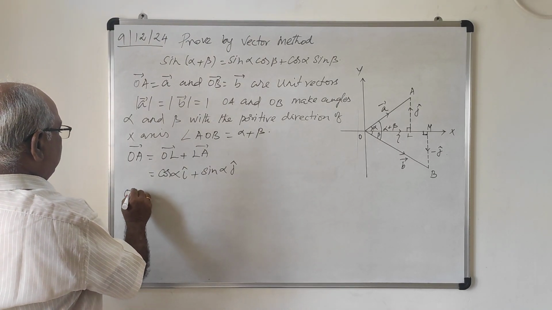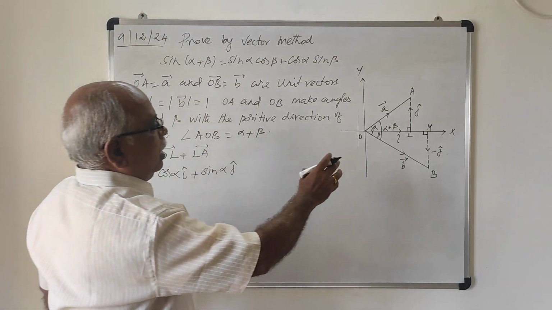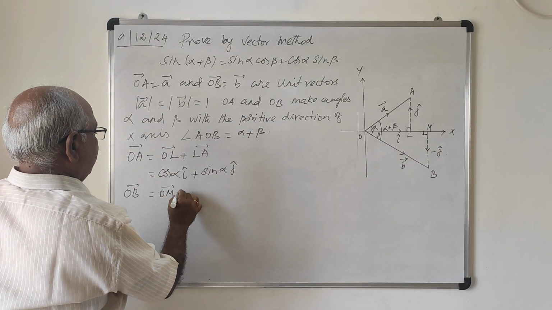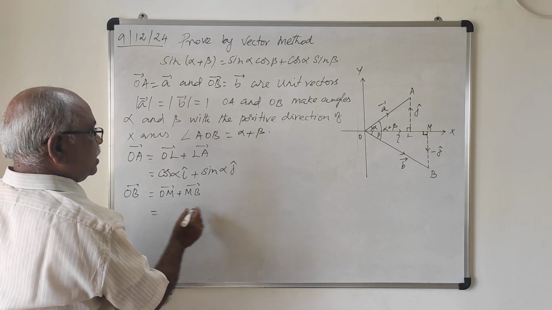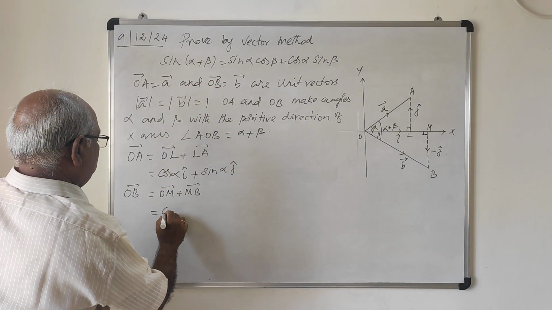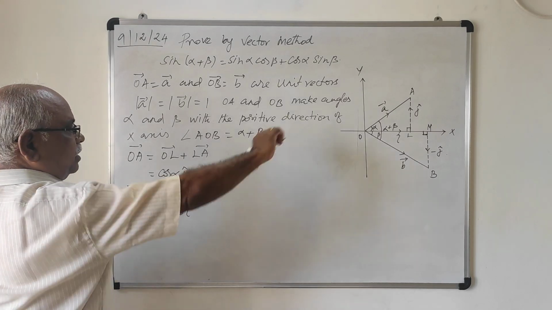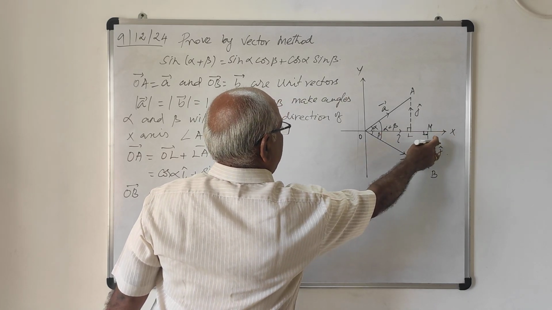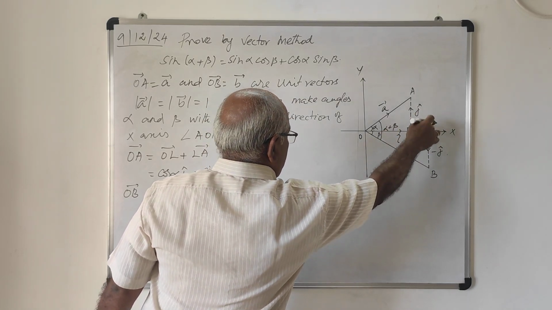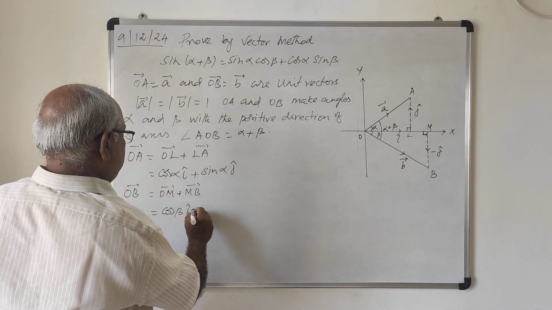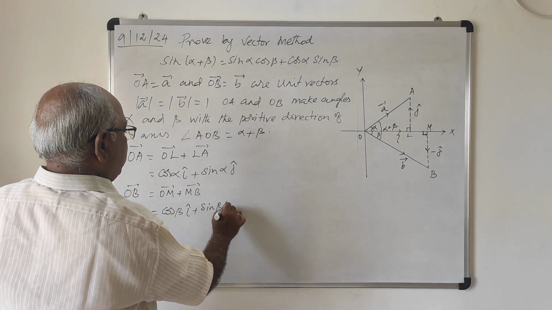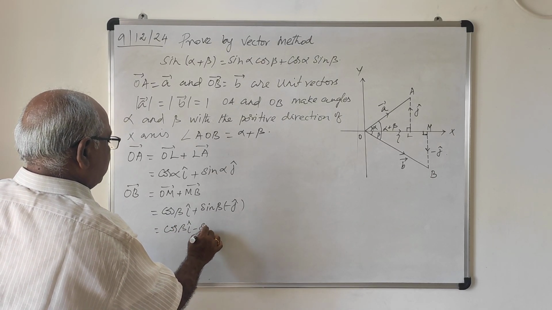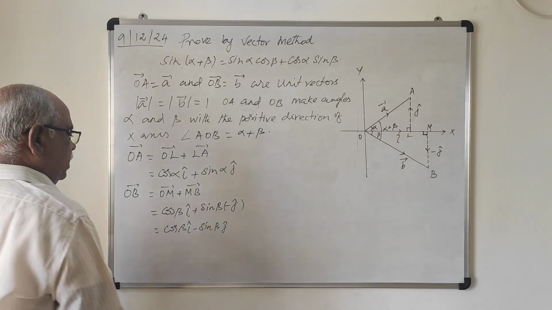Similarly, OB vector is OM vector plus MB vector. OM is the adjacent side of angle beta, so cos beta into i vector acting in the direction of x-axis, and MB is the opposite of angle beta, sin beta into minus j, because it is in the downward direction of j. Therefore I get cos beta into i minus sin beta into j. This is OB.